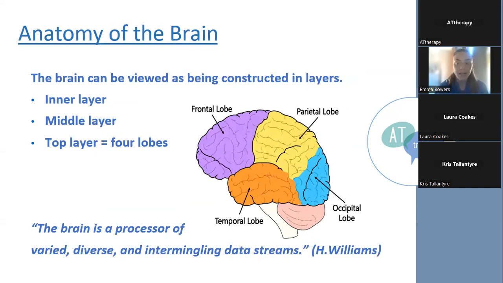So the brain in general can be viewed as being constructed in layers. First, in terms of its function, it's the most basic. It's the brain stem, and it's responsible for tasks essentially to keep us alive. So breathing, heartbeat, blood pressure. We then have the middle layer, and this is the limbic system.